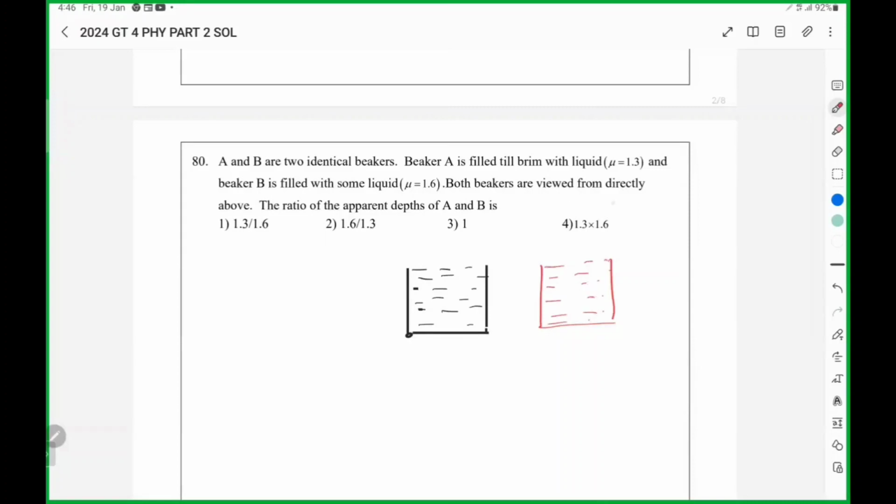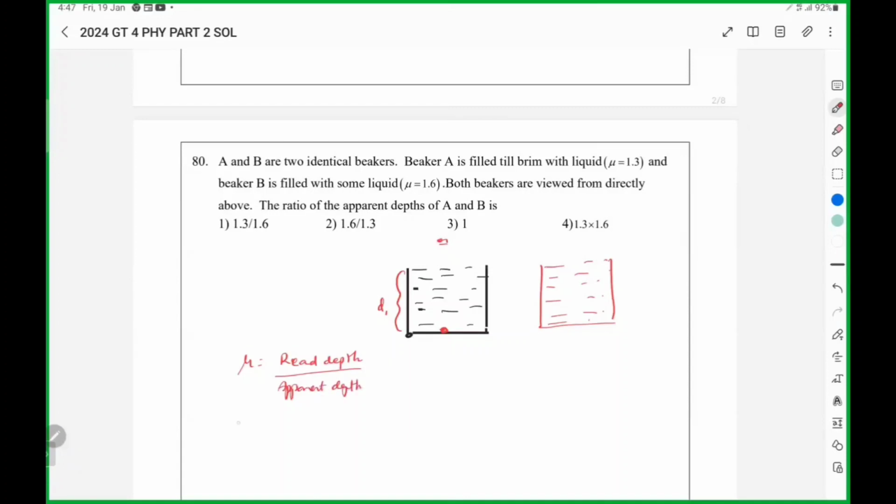Both beakers are viewed from directly above. The ratio of apparent depth. So this is the refractive index, mu equal to real depth by apparent depth.